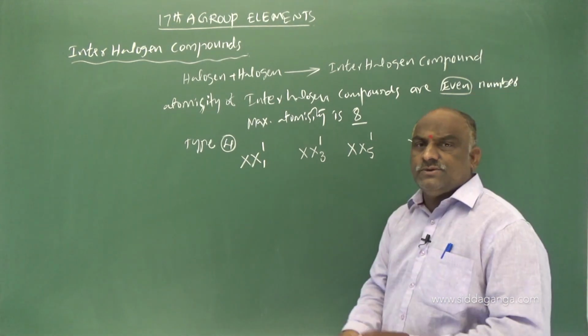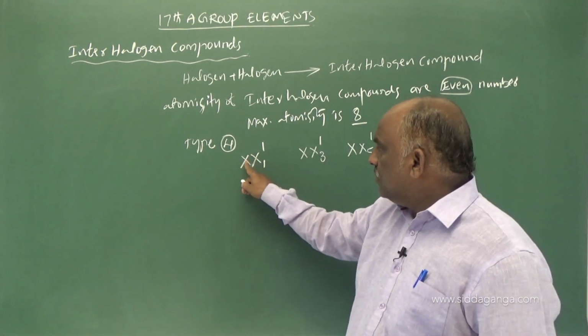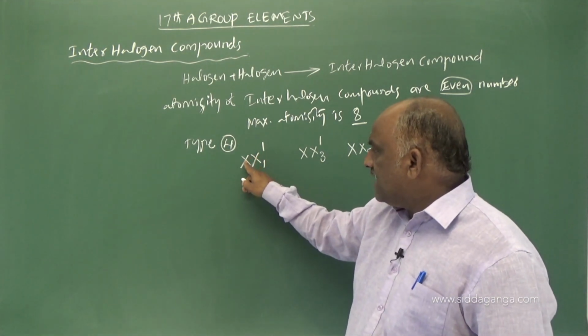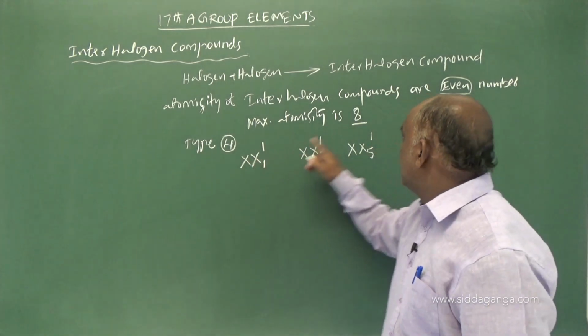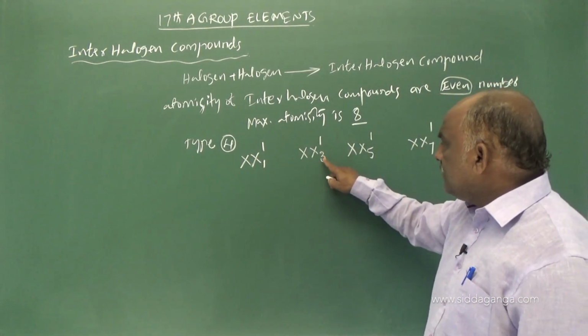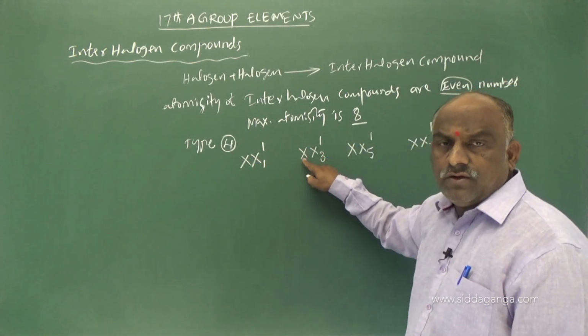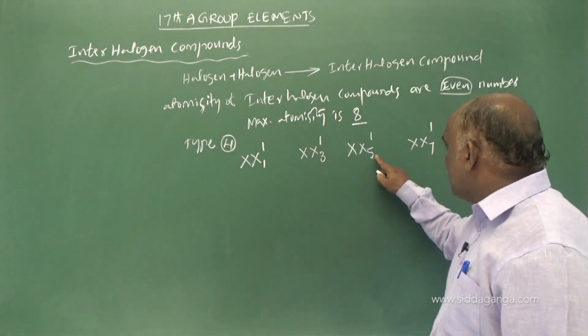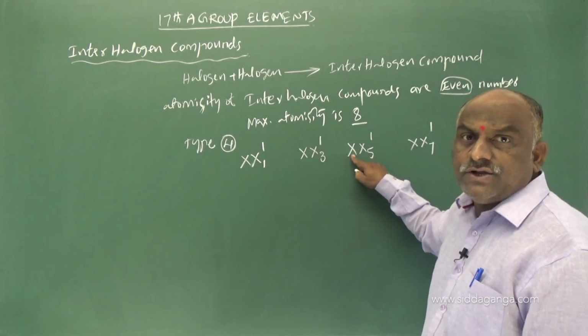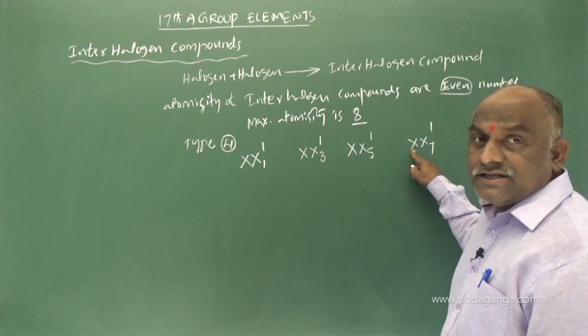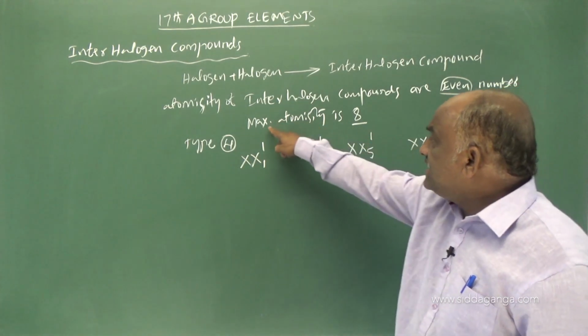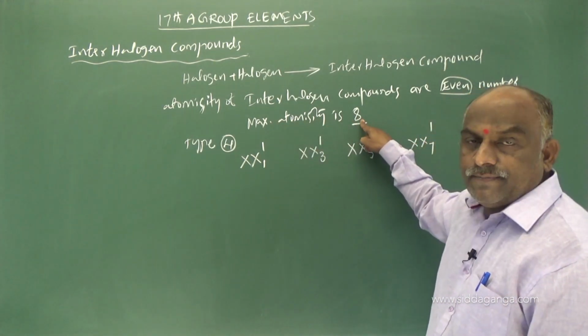Say this, my dear students: 1 plus 1, 2. Here one halogen, here one halogen. Number of halogens 2, which is an even number. Coming to 3 plus 1, 4, also even number. 5 plus 1, 6, also even number. 7 plus 1, 8, also even number. So maximum atomicity is 8.